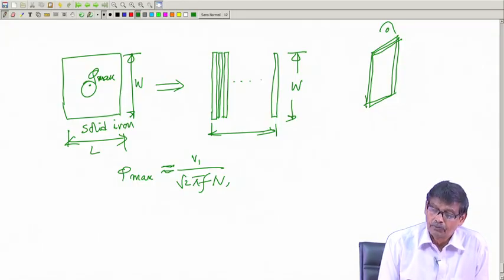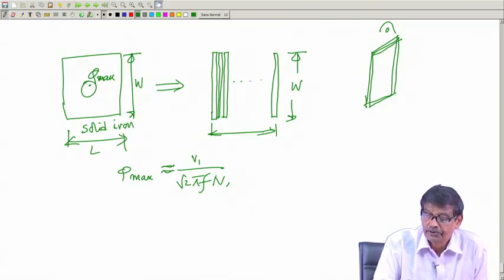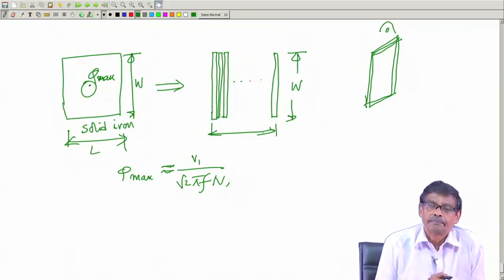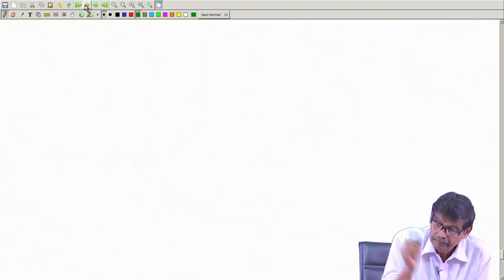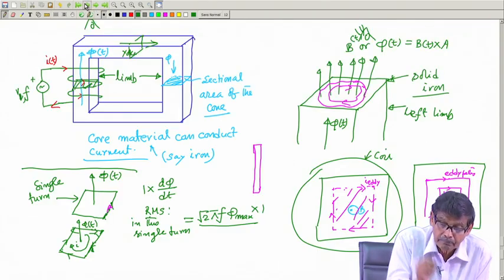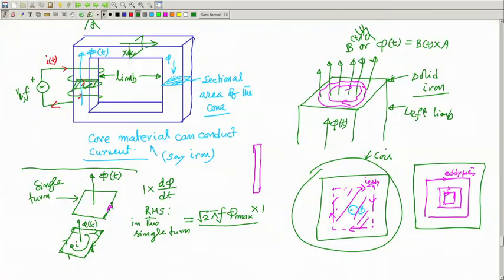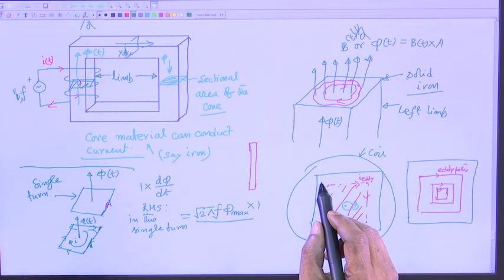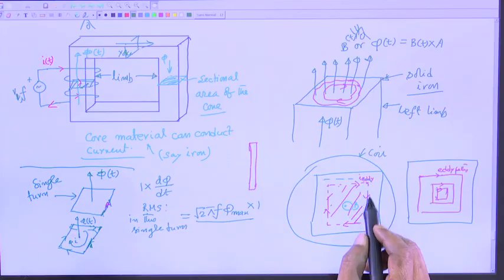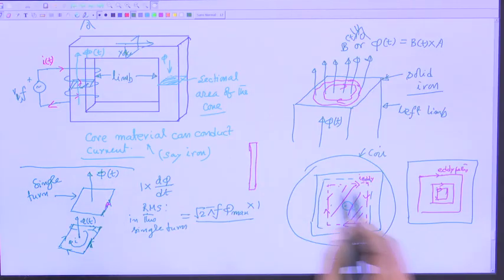Okay. Now, what is the motivation of using this number of plates? Motivation is, if it is a solid piece of iron, in the area you can have many closed paths, as I told you, and each one of them carries eddy current, eddy current loss will be created, losses will be more.